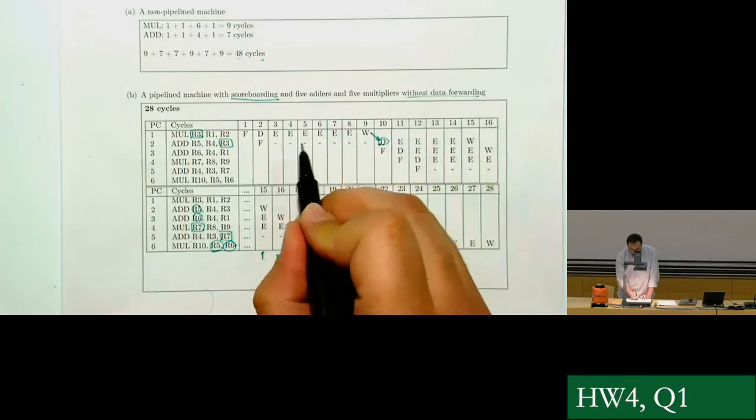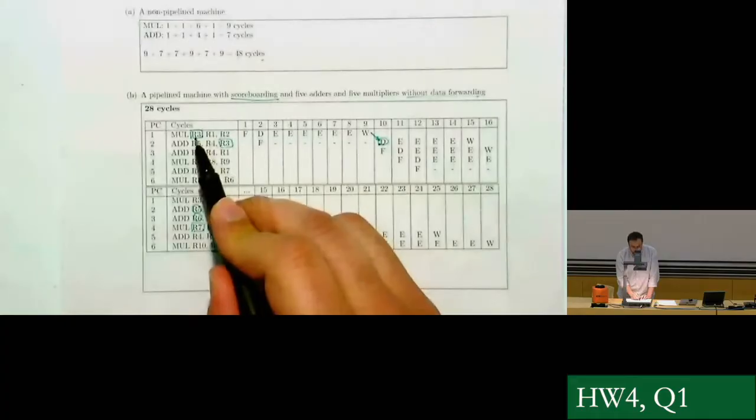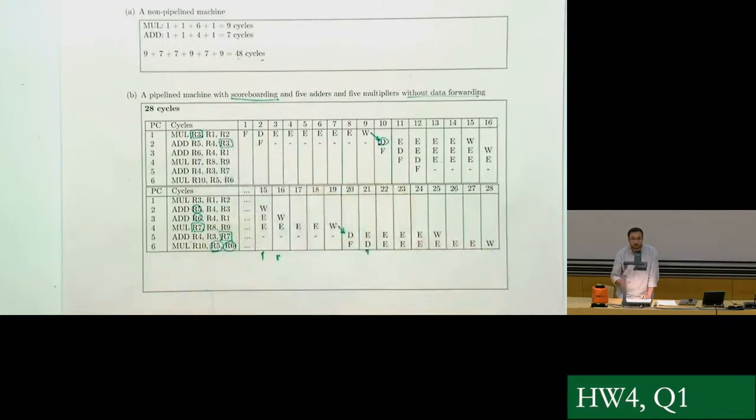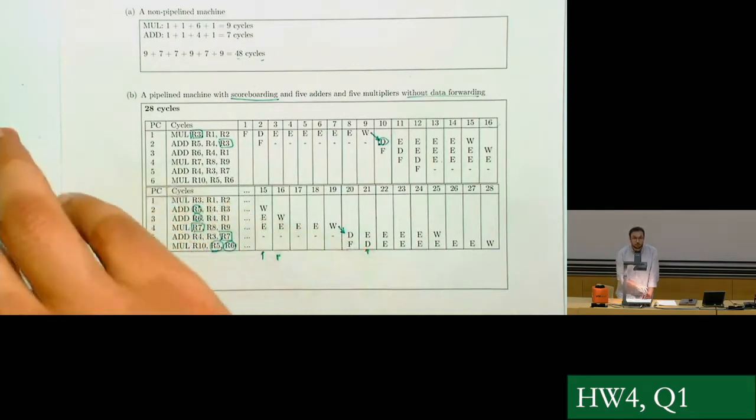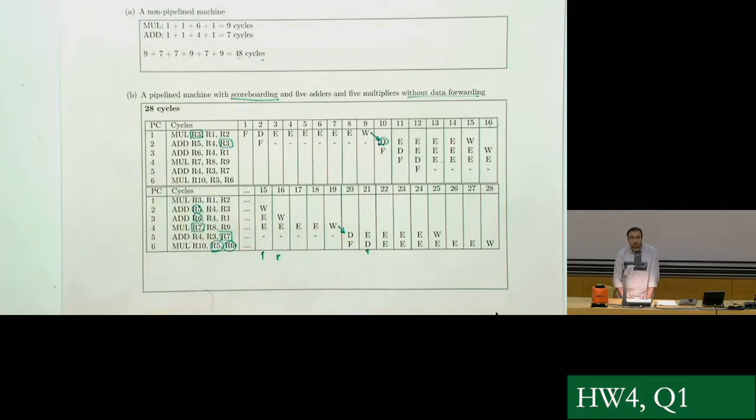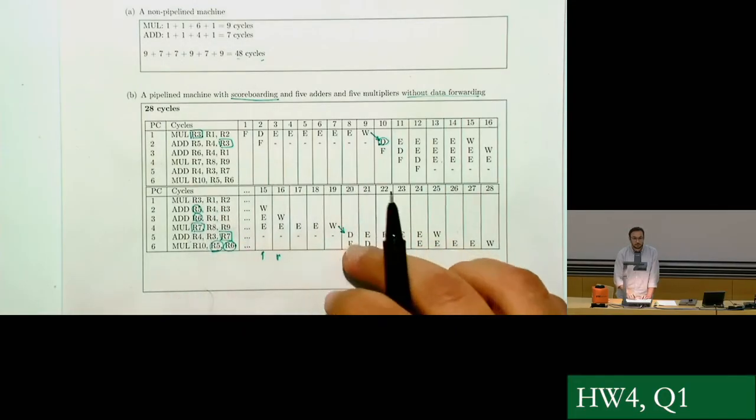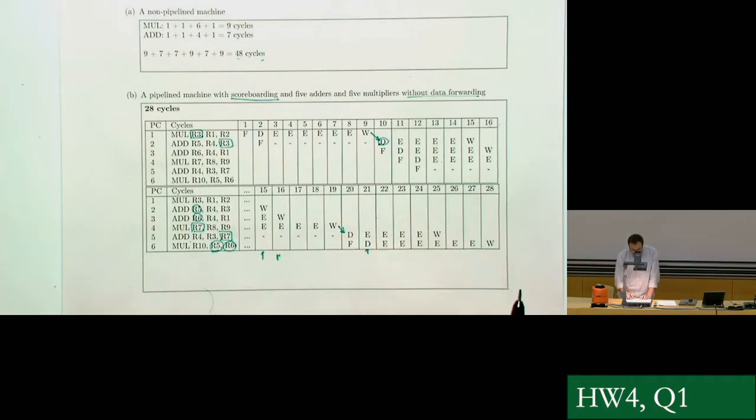But you need to finish the execution to understand what the value of R3 is. Yeah, but in the decode, you read from the register file, right? So you fetch the instruction from the instruction cache, and then in the decode, you read the operands. Yes, you need to fetch the operands from the register file in the decode stage.